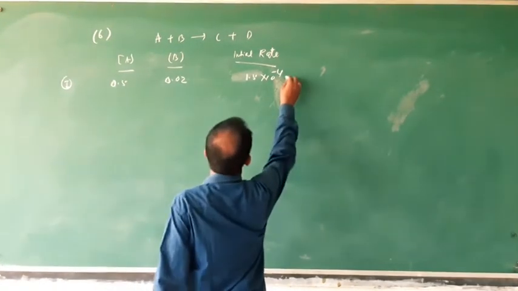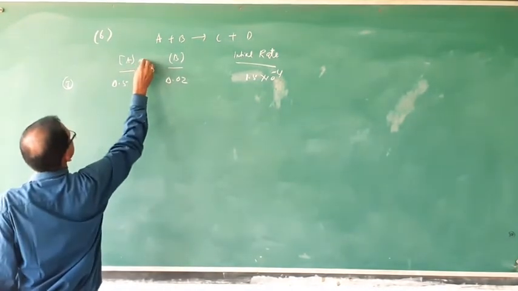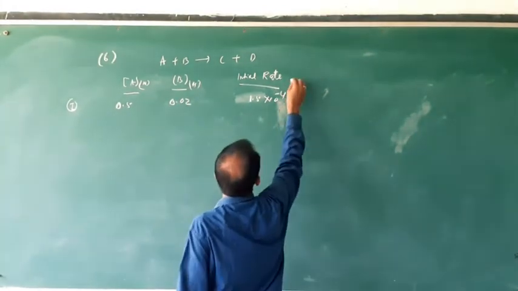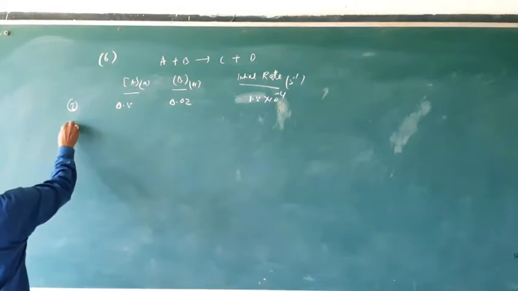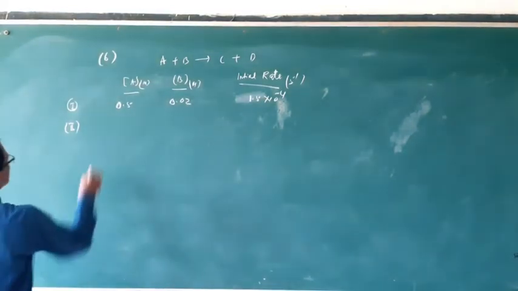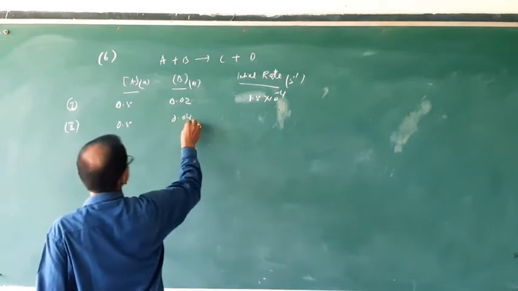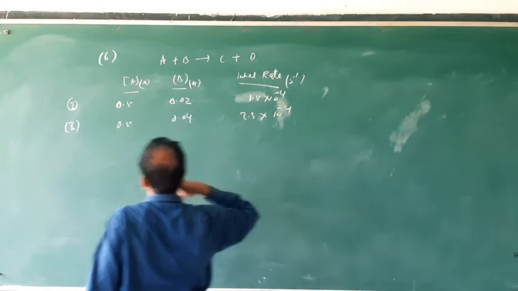The concentrations are in moles per liter, M. For the second experiment, the data is 0.5, 0.04, 2.3 into 10 to the power minus 4.